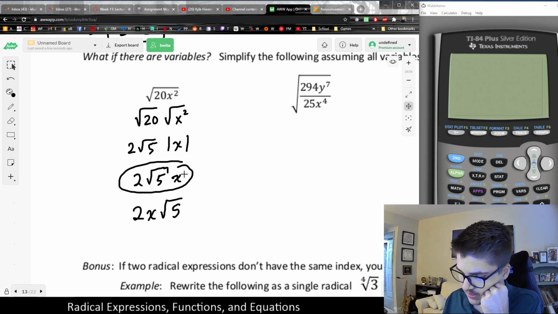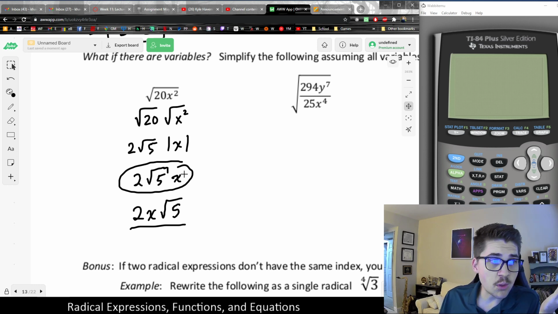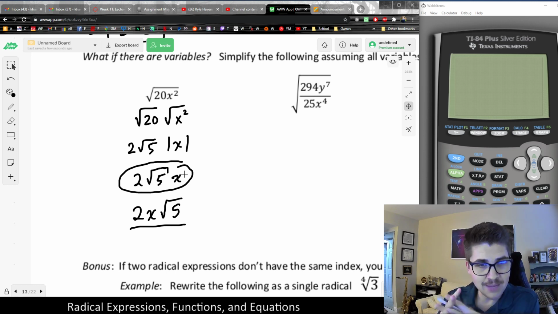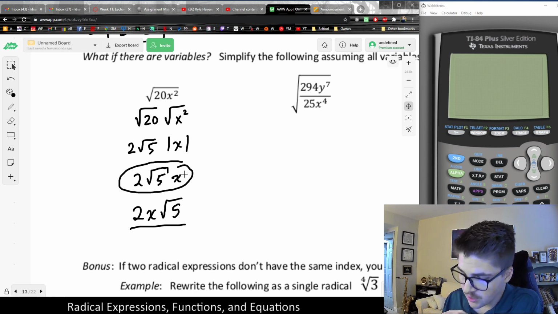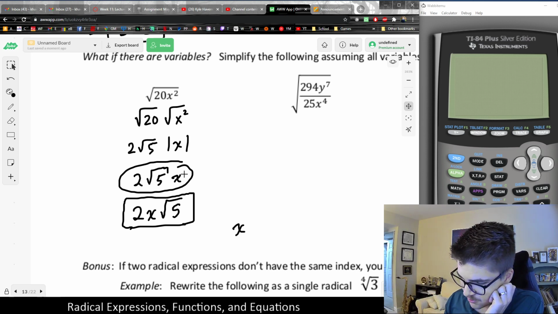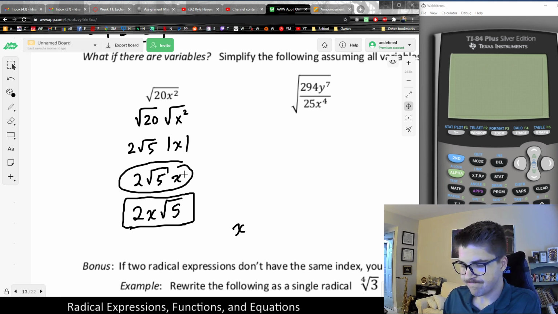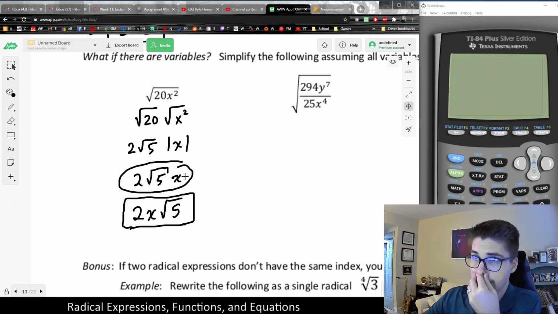If we write it like this, to me it just looks a little strange, but a lot of people will write it this way just to make sure that the root is not on the x, so you know for sure. So either form is fine. They're both the same thing, obviously, because multiplication is commutative. Heck, you could even write it as x root 5 times 2, but it just looks really weird. So anyways, not a big deal.